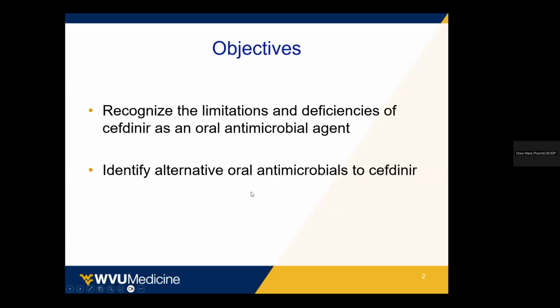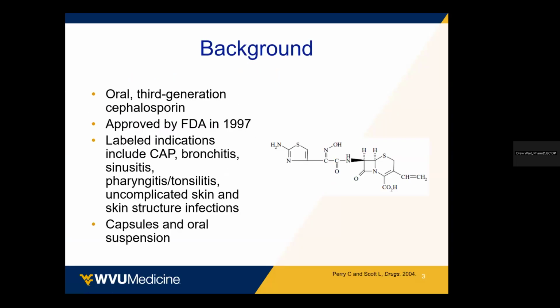So today we'll want to recognize the limitations and deficiencies of Cefdinir as an oral antimicrobial agent and be able to identify alternative oral antimicrobials to Cefdinir. As a little bit of background, Cefdinir is an oral third generation cephalosporin that was first approved for use in the United States by the FDA in 1997.